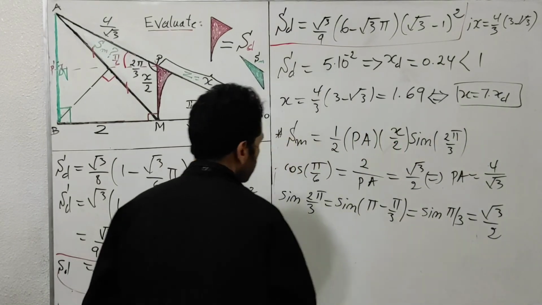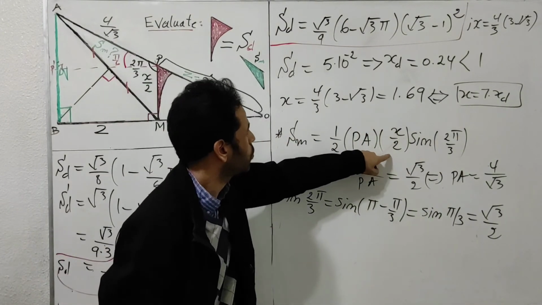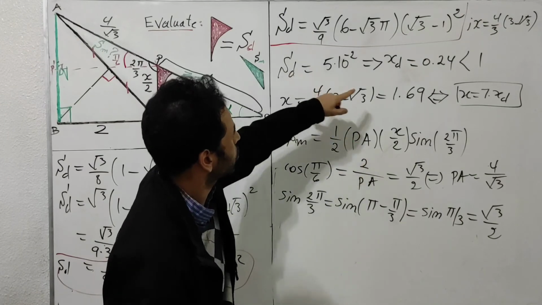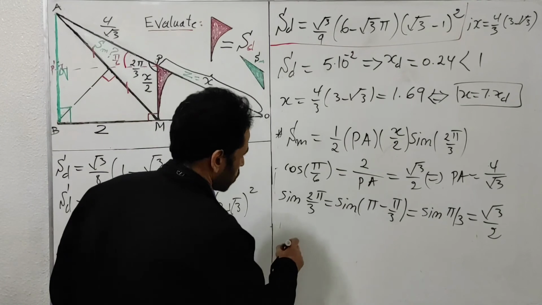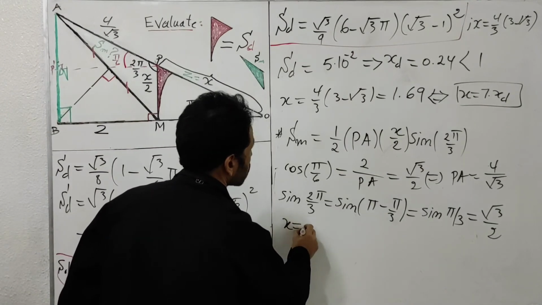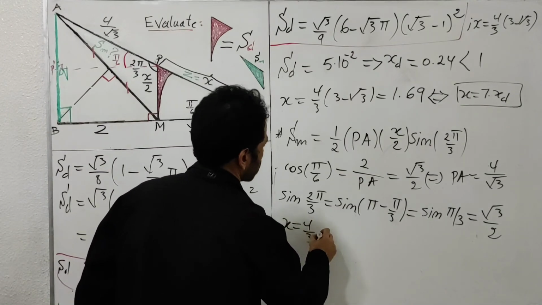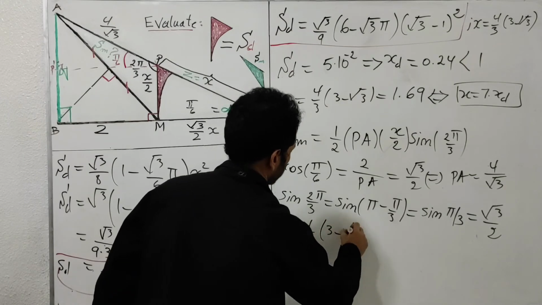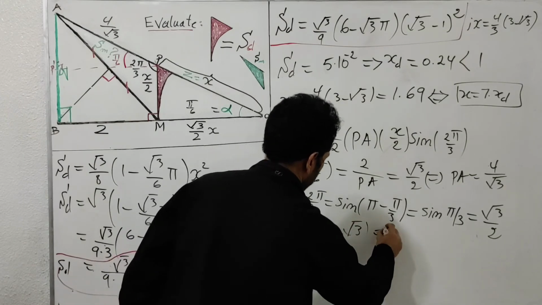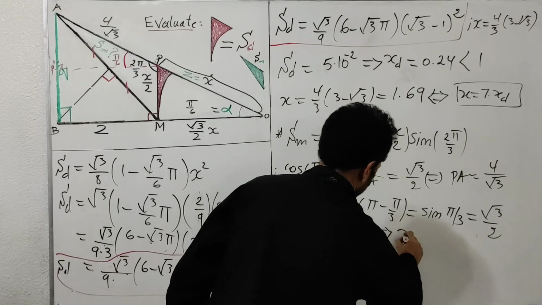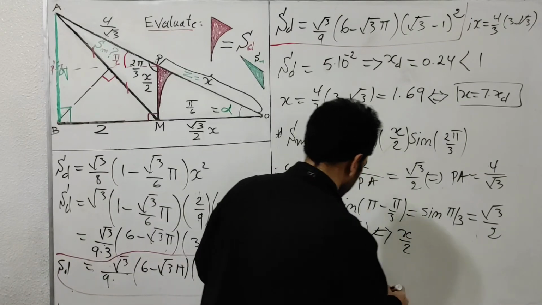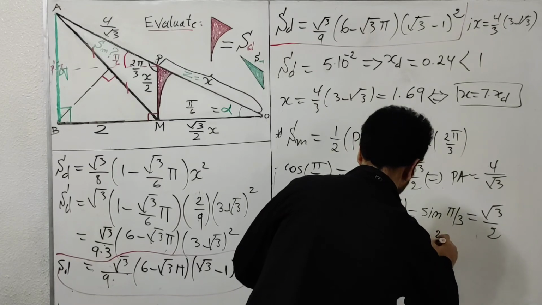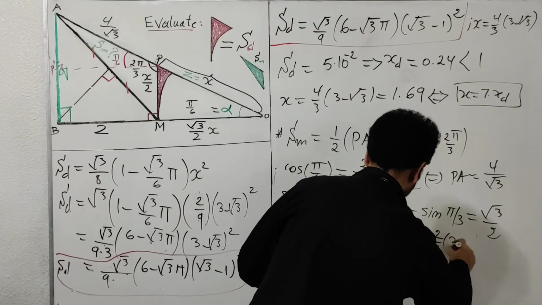Now we need x over 2. We already calculated x equal to 4 over 3 multiplied by 3 minus square root of 3. By dividing both sides by 2, I will get x over 2 equal to 2 over 3 multiplied by 3 minus square root of 3.